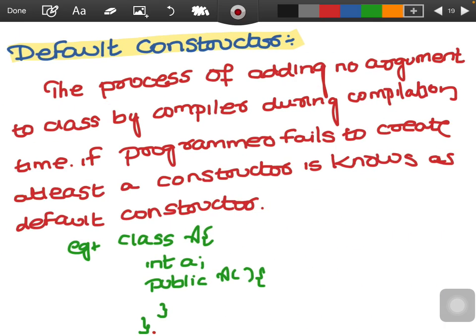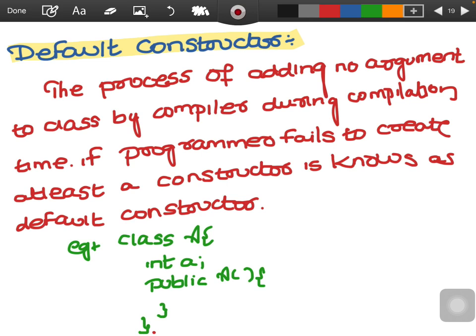Firstly, the default constructor. The process of adding a no argument constructor to the class by a compiler during the compilation time. It means adding a no argument constructor during the compilation time. If a programmer fails to create at least one constructor, it is known as a default constructor. As we know that this constructor must exist in a class.